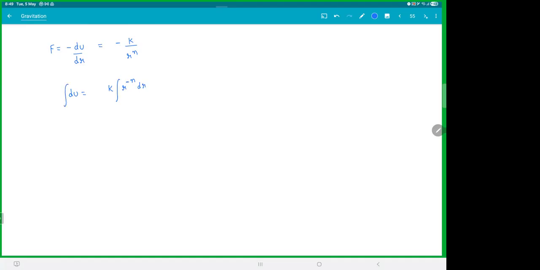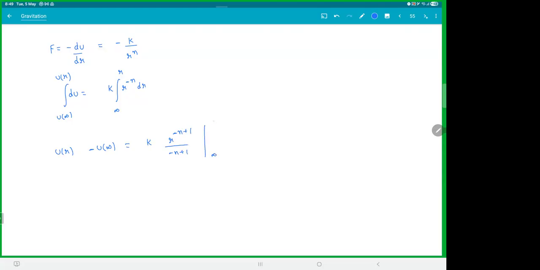When you integrate this, you end up with, let's put the limits here, infinity to r, and this will be U of infinity to U of r. This will be U of r minus U of infinity is equal to k into r power minus n plus 1 by minus n plus 1.